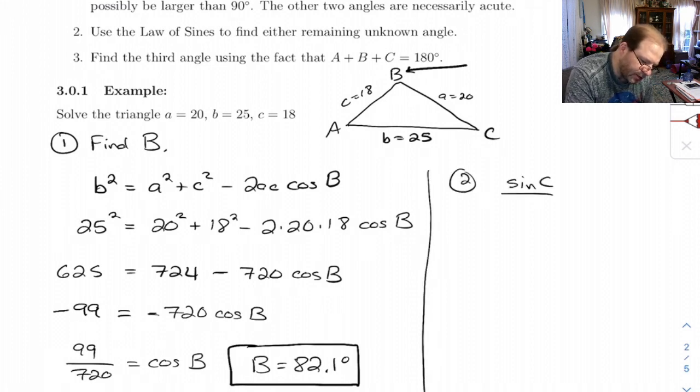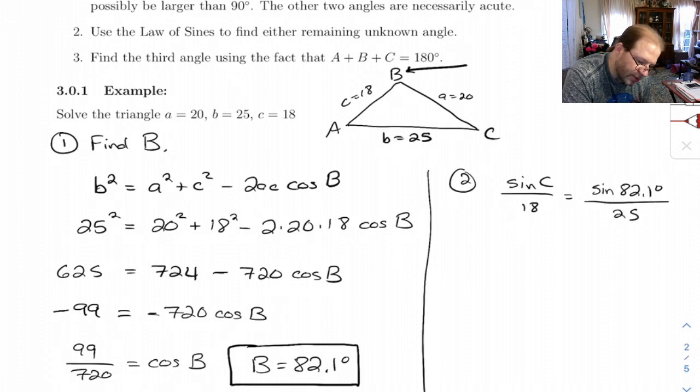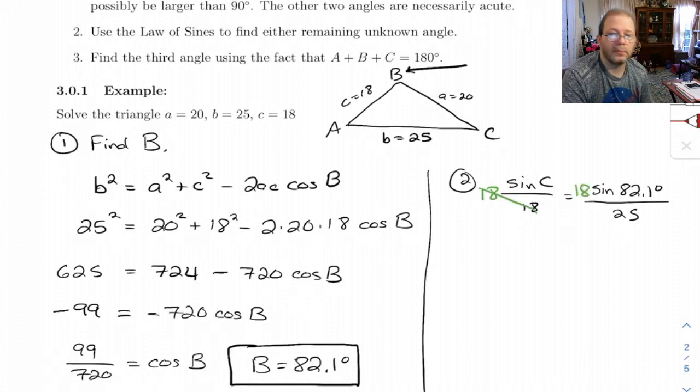So sine C over C, or what is C? 18. Sine C over 18 is sine B over B, which is 25. I'm going to multiply both sides of this by 18. And so I've got 18 sine 82.1, close parenthesis, divided by 25.